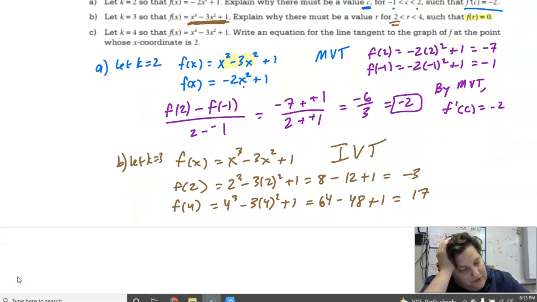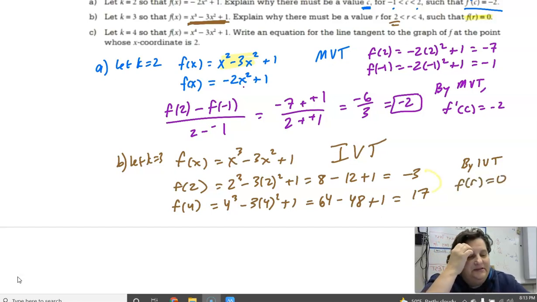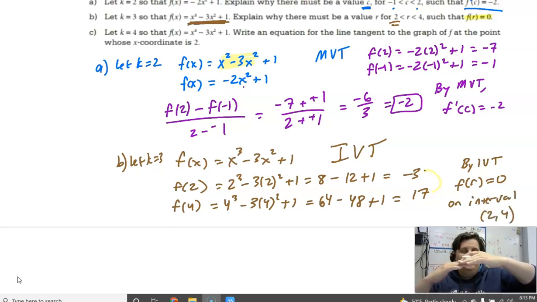And so then what you say is by IVT, intermediate value theorem, there has to be a point where f of r equals 0, because 0 is between negative 3 and 17 on the interval from 2 to 4. Intermediate value theorem just means if I have a bunch of numbers, it has to cross through every number in between. Mean value theorem means slope equals derivative.